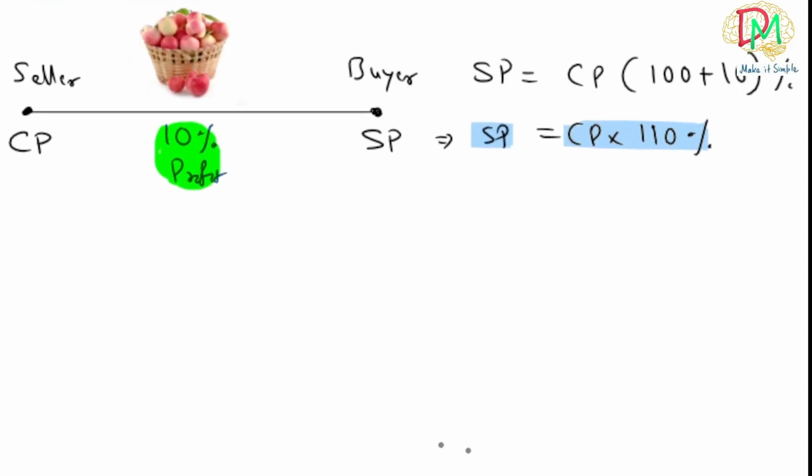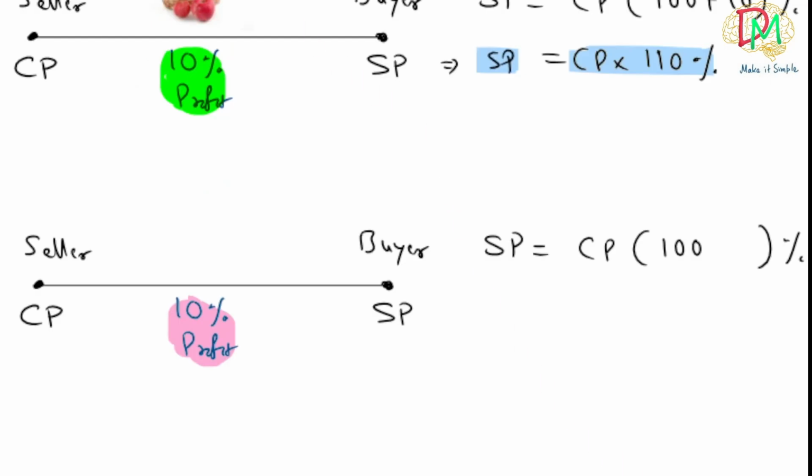And in case of loss, it will be CP into 100 minus 10%, that is CP into 90%.